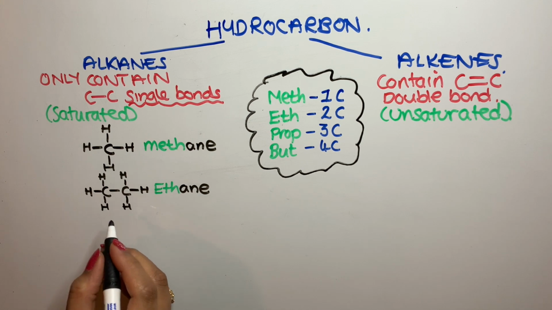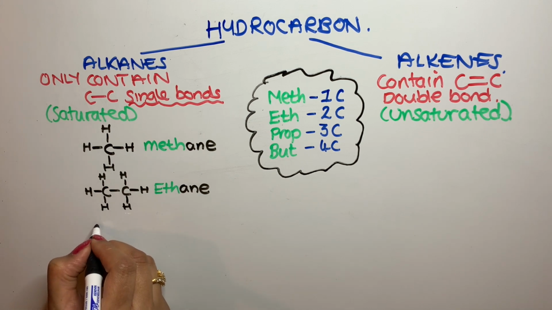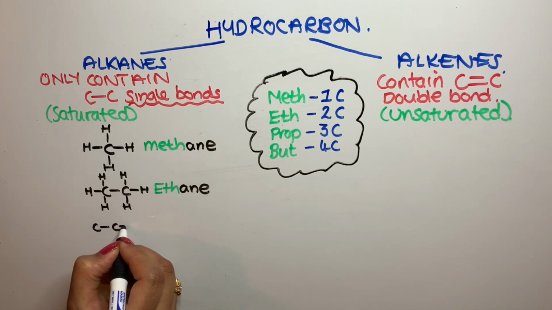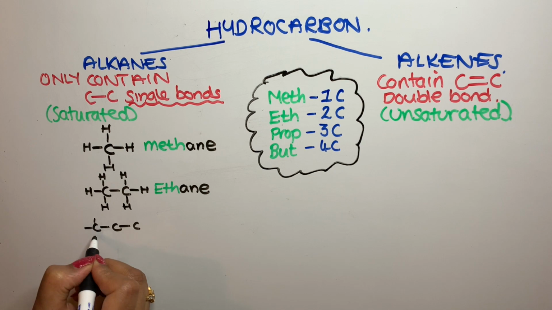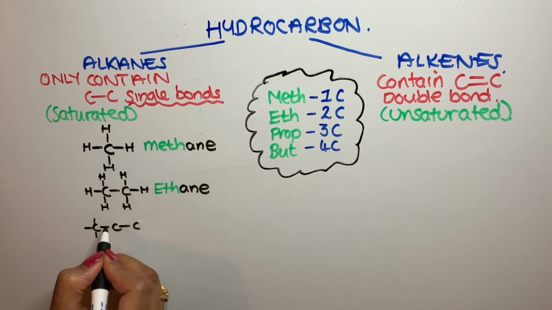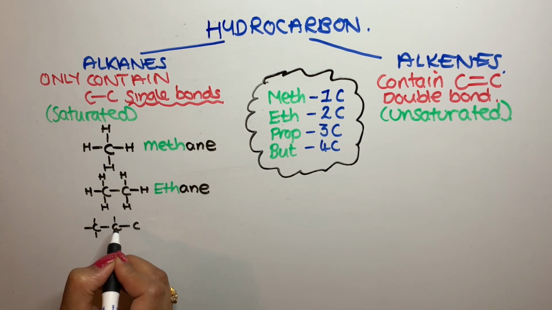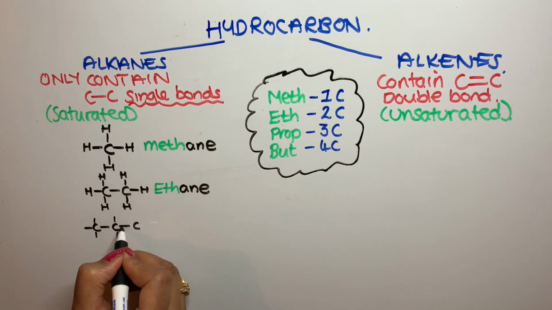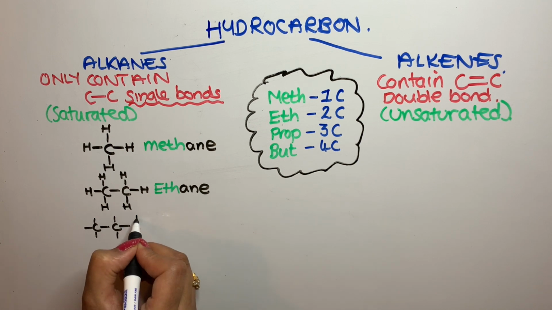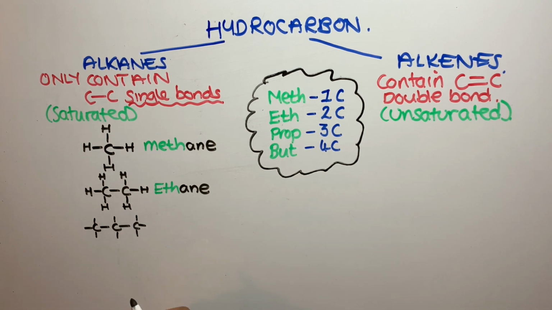Now if I look at my third molecule, again, I draw my 3 carbons. Each carbon has to have 4 bonds. So I've got 1 there, 2, 3, 4. If I look at this carbon, it's got 1 bond there, 2, 3, and then 4. And then my last carbon atom also has to have 4 bonds. So it's got 1 bond there, then 2, then 3, then 4.